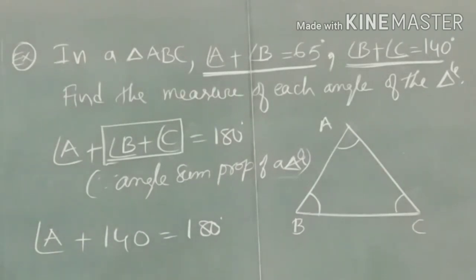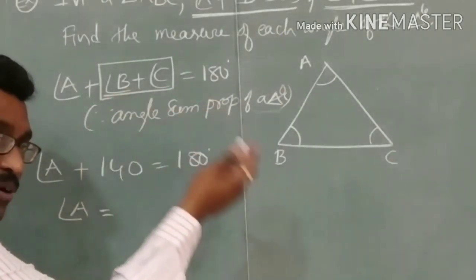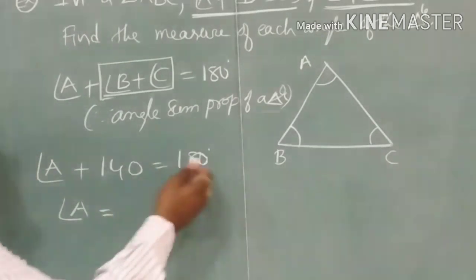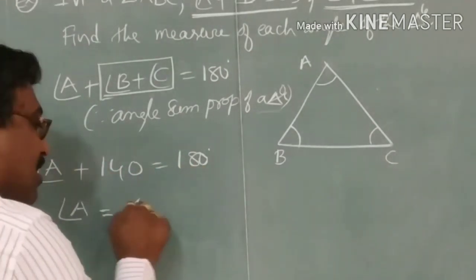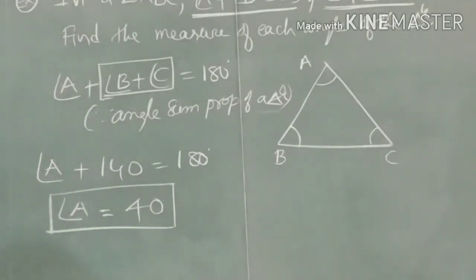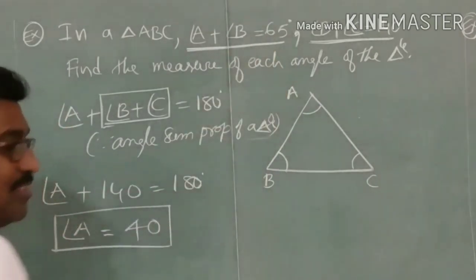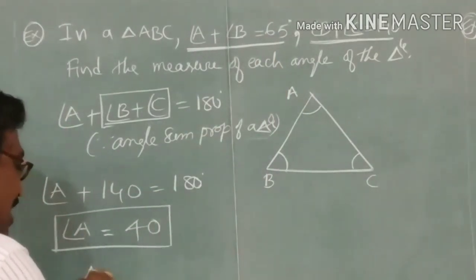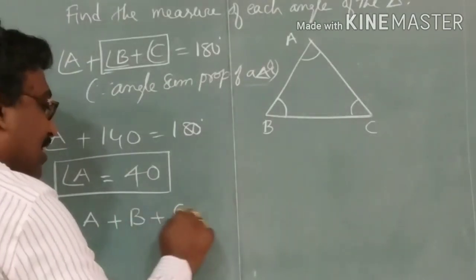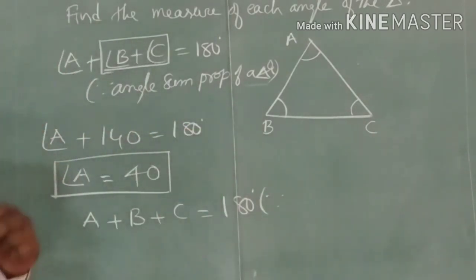It's just a logical question. So, angle A plus 140 equals 180, go to that side, minus 140. 180 minus 140 is 40. We got the value of A. At the same time, A plus B is equal to how much? 65. A plus B plus C is equal to 180 degrees, angle sum property of a triangle.